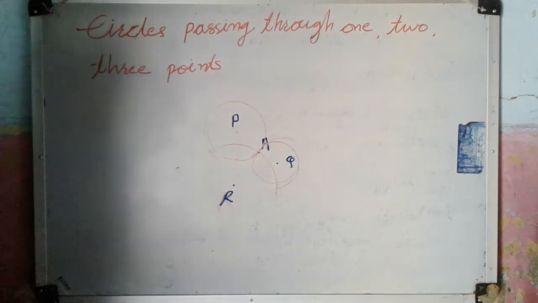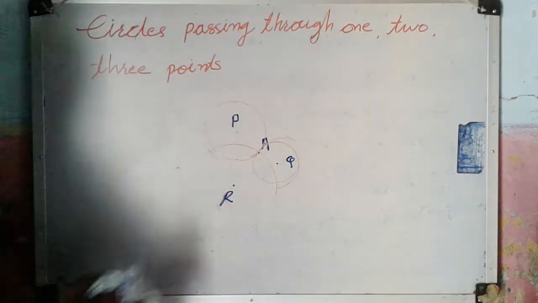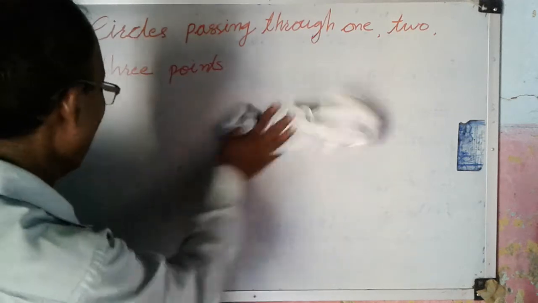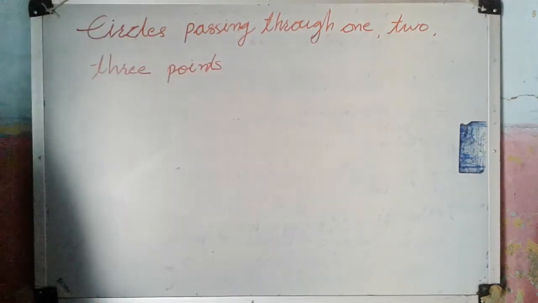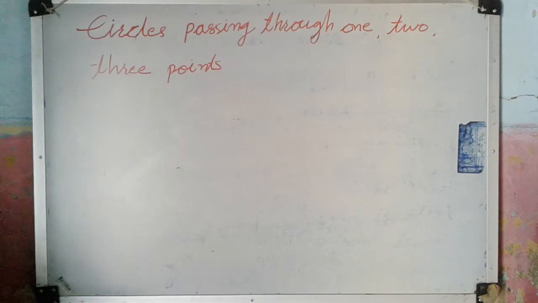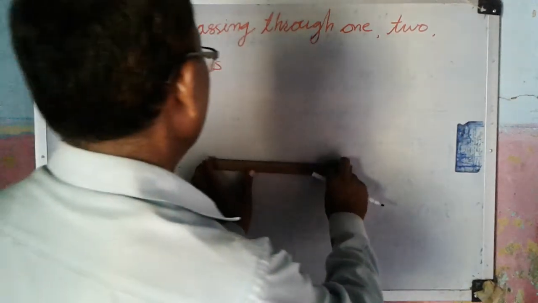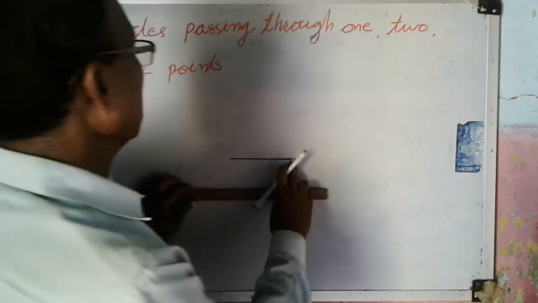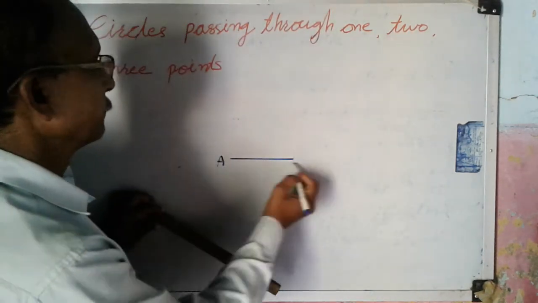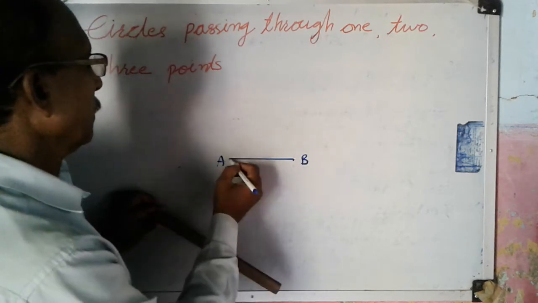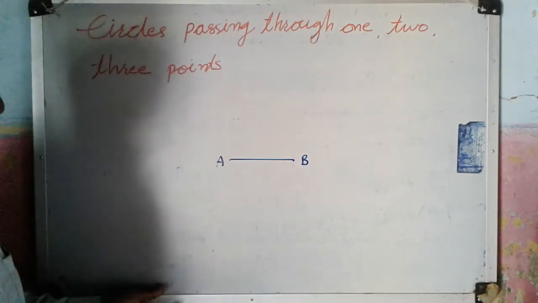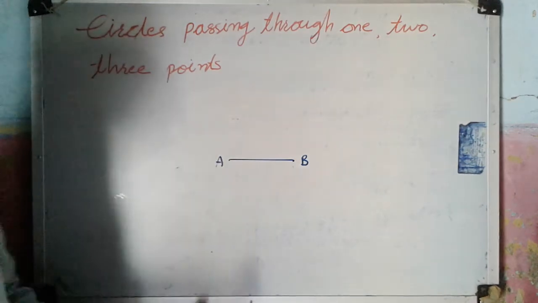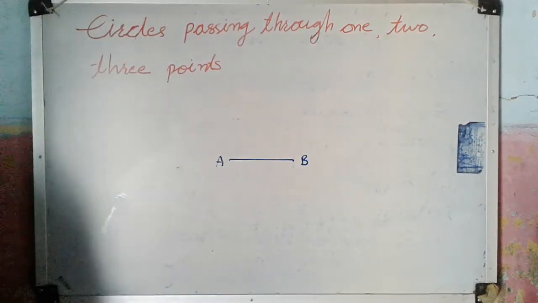Now we'll see how many circles will pass through two distinct points. So here A and B are the two distinct points. Now we will draw circles which pass through points A and B. Now we will see how many circles we can draw.